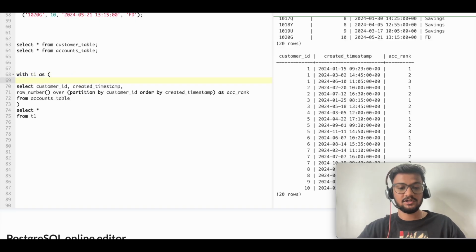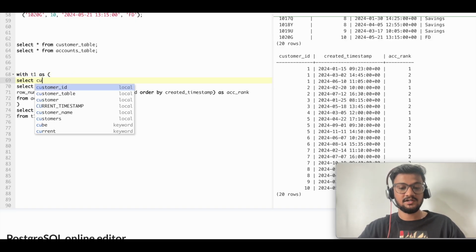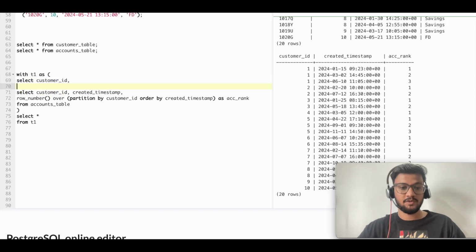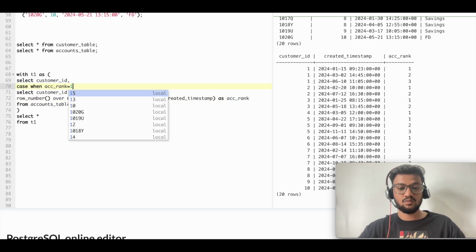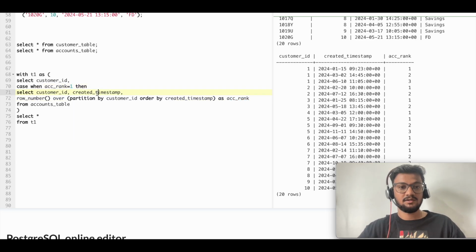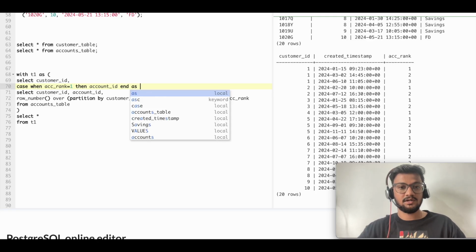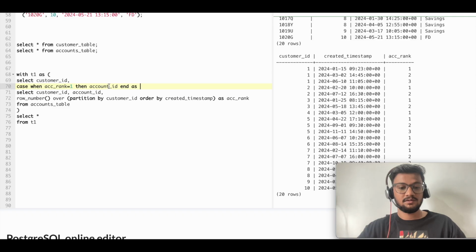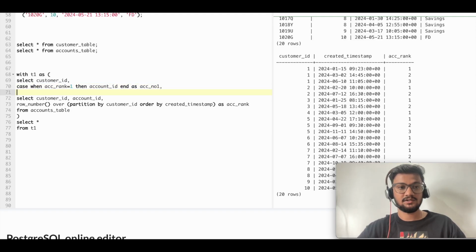So we will put it in an inline select statement, and we will write select customer ID, comma, case when our account rank is equal to 1, then we will use the account ID as account number 1, and similarly we will write the 3 ranks.